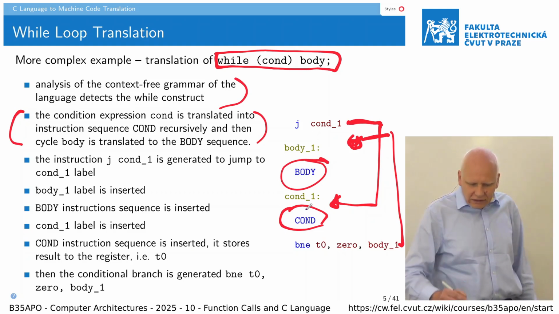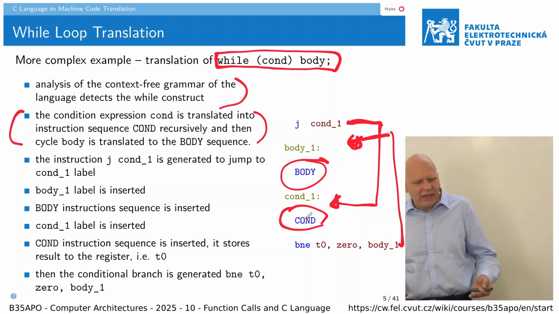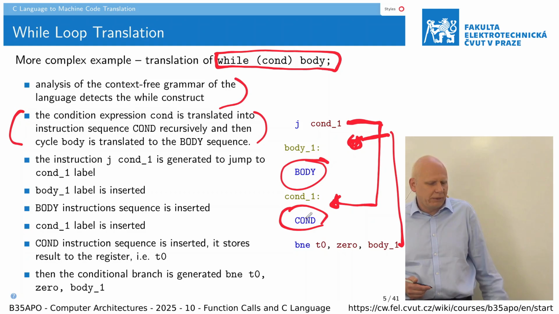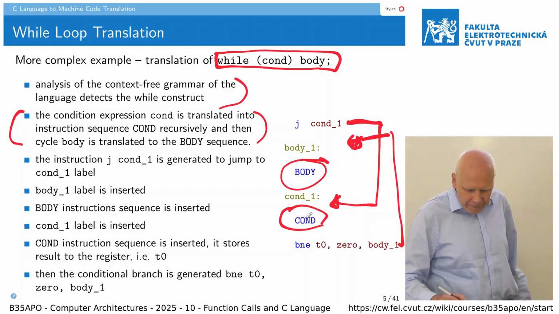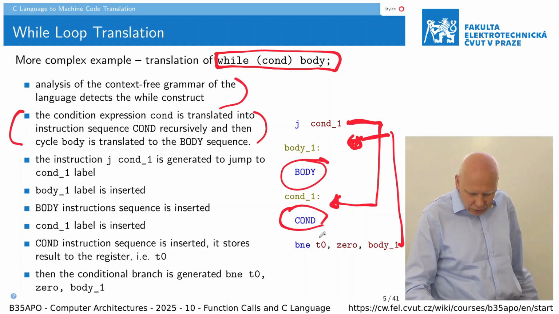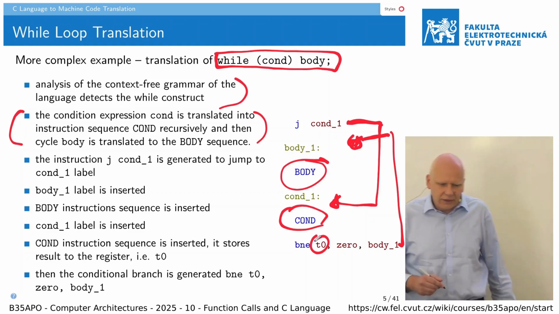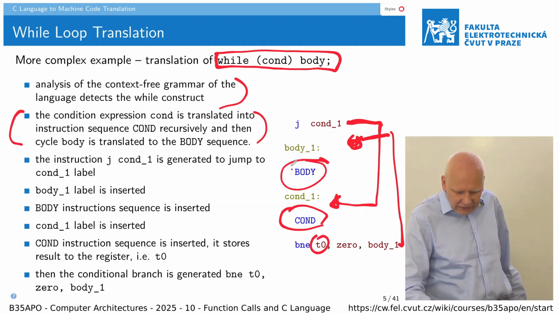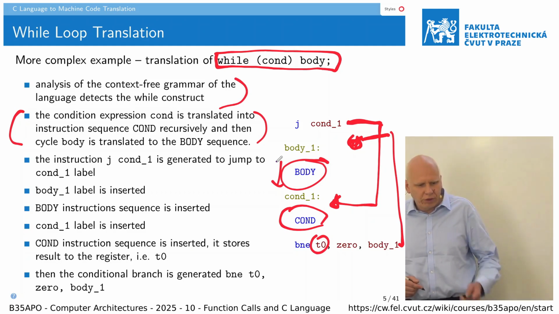And this body and condition are translated again exactly the same way as that expression. So basically we need to translate the sequence which evaluates the condition, for example, to the T0 register, and then some sequence of operations which will form the body of the loop.